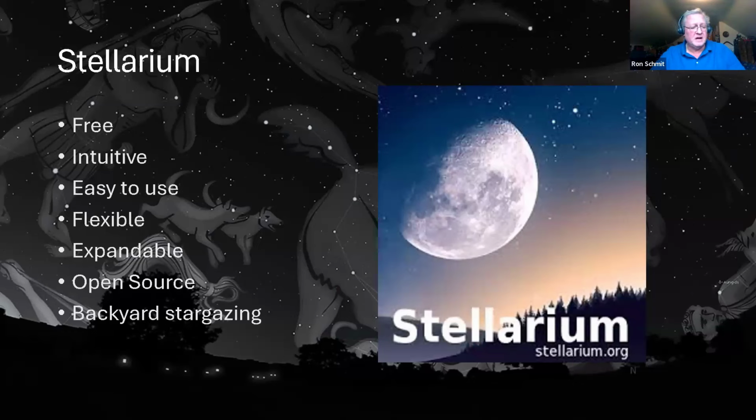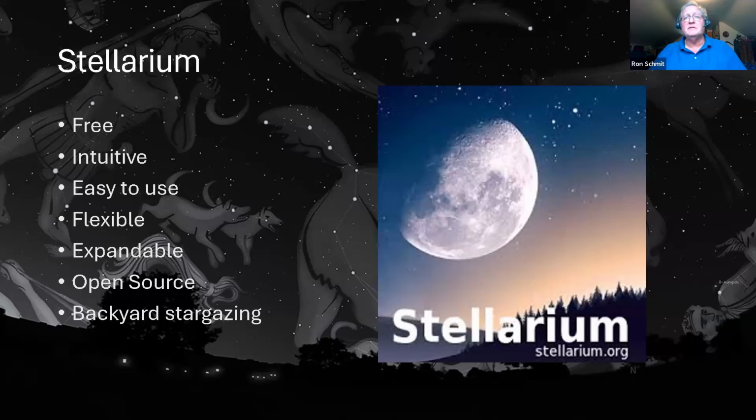There's some stuff tucked in behind some screens and some buttons that you can really go to town with. It's also open source, so there's a community out there that writes stuff to insert into the software, and maybe there's a function you're looking for that someone's working on out there.